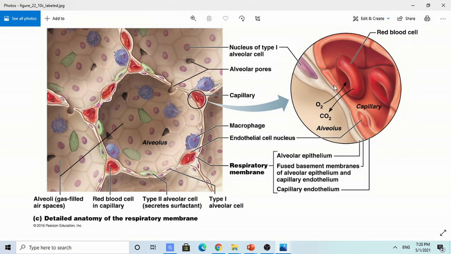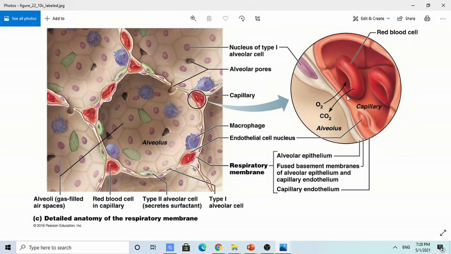This double layered structure, which we have here, a single layered wall of the capillary and a single cell layer wall of the alveolus, together make the respiratory membrane, as you can see here. The components of the respiratory membrane are alveolar epithelium, capillary epithelium, and in between them sandwiched the basement membrane of the two epithelia.